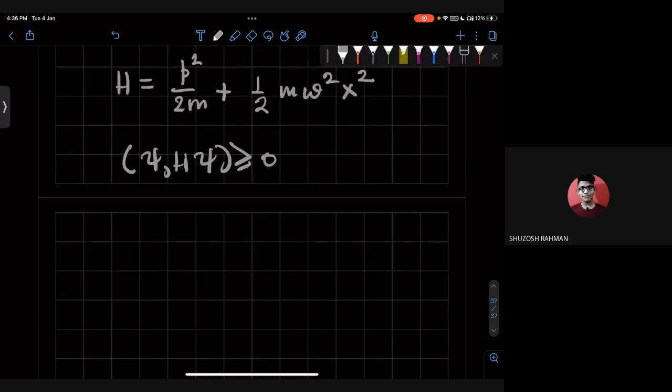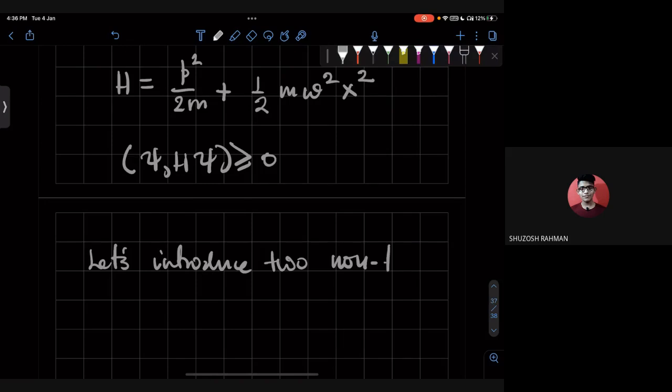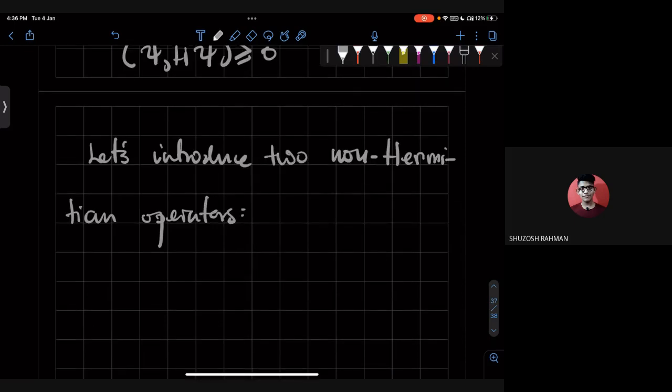Now let us introduce two non-Hermitian operators. We shall call them A and A dagger.